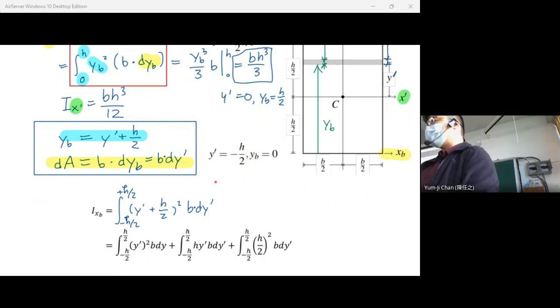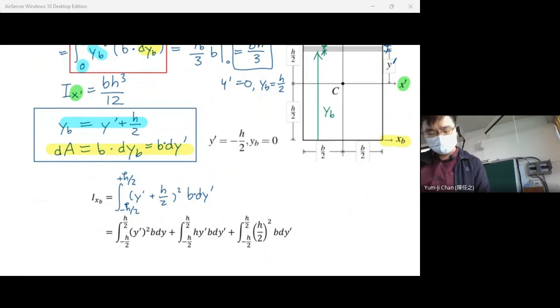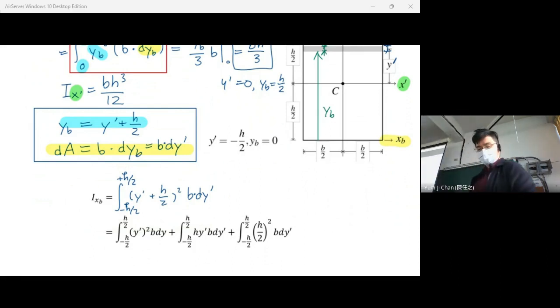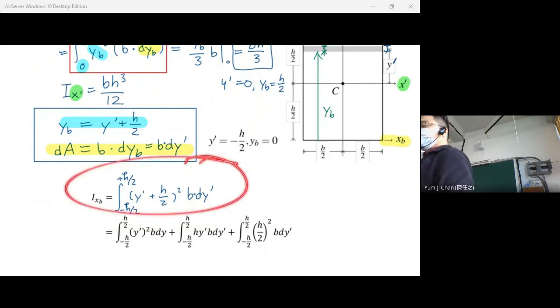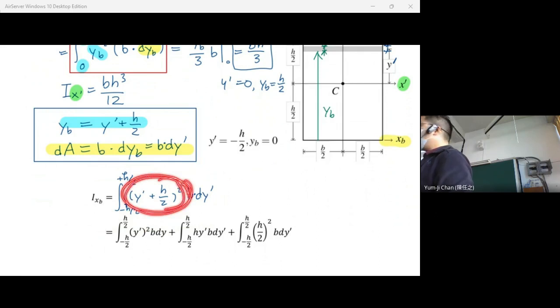If we have this thing, we can write, you can say explode or expand this one.